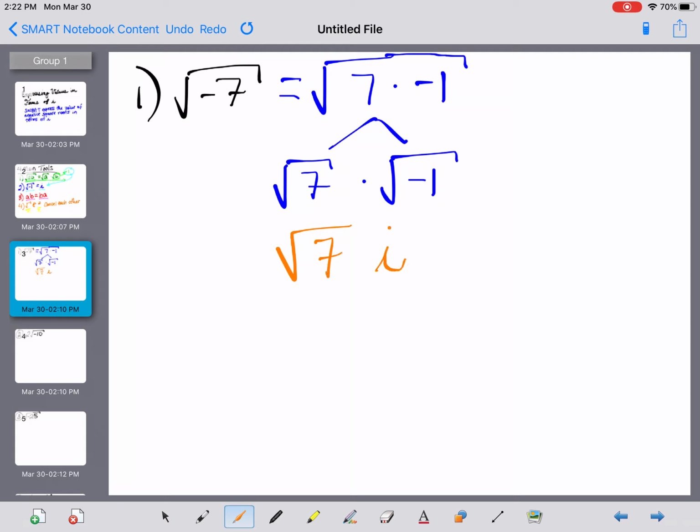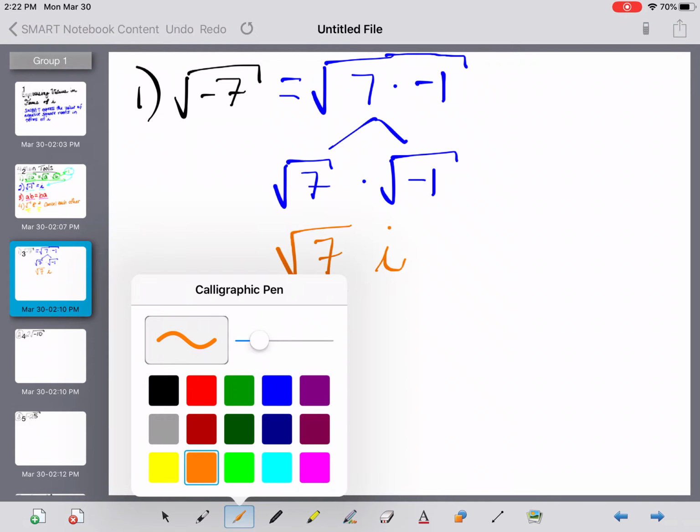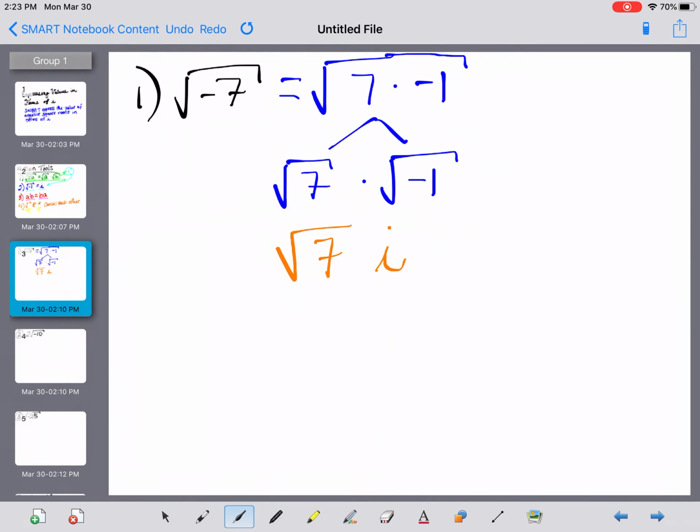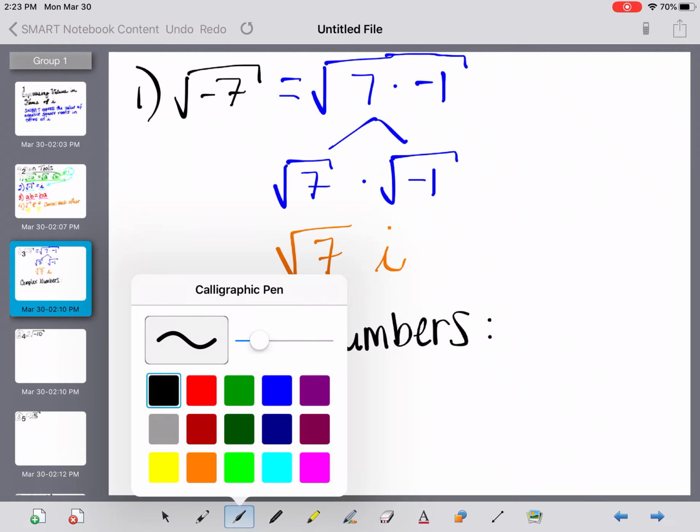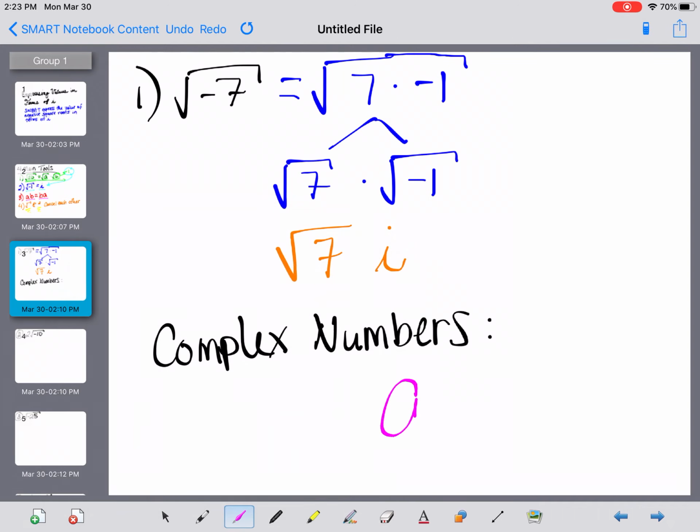All right, and we do put the i at the end after all of the numbers that it multiplies by, because all things in what's called the complex number system are of the form a plus bi, where a and b are rational numbers.